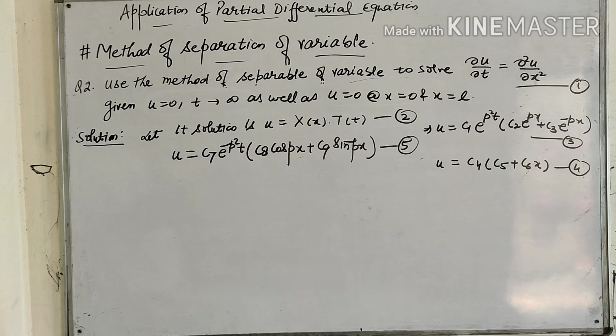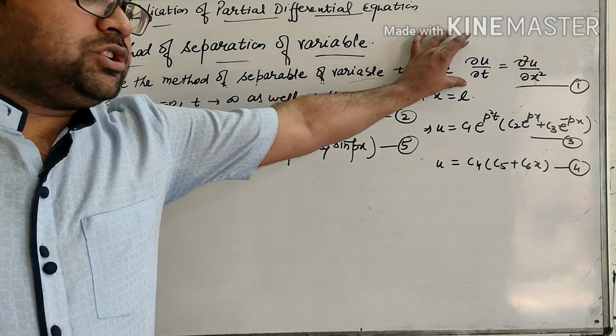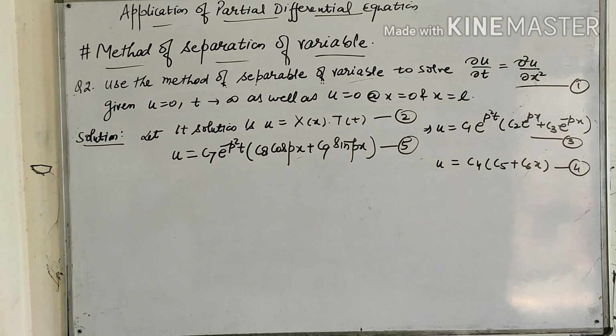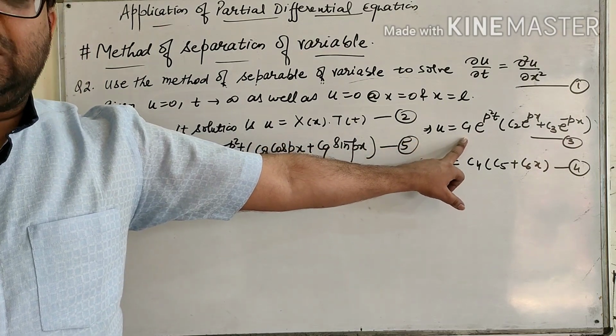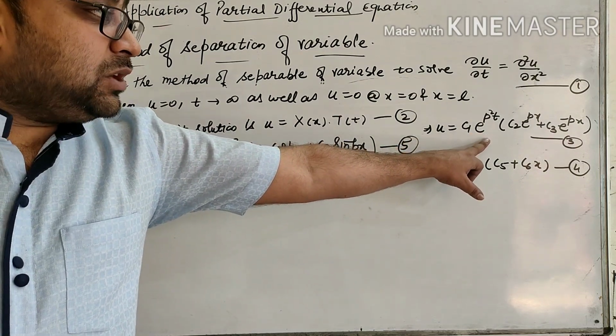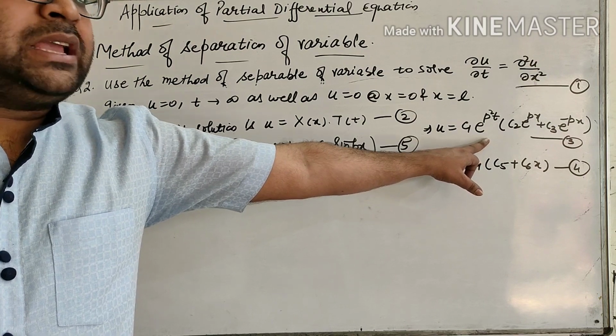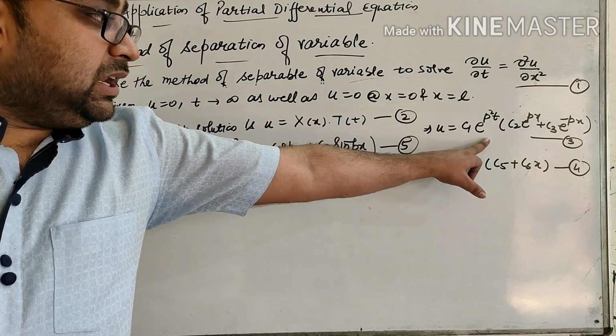It is stated earlier that this is a heat equation, and heat cannot transfer in a particular direction, that is, the solution stated in equation number 3 is completely exponential. So this cannot be the proper solution of the heat equation.